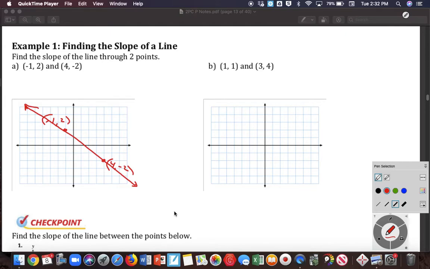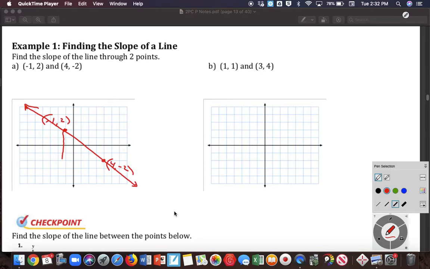Now the slope of this line is basically how fast this line will fall from left to right. Now, it's not just that it falls from this point to this point. If I made a little right triangle underneath it, it's not that it just falls 4 units, because there's a lot of lines that fall 4 units from one point to another. Well, how fast does it go down?